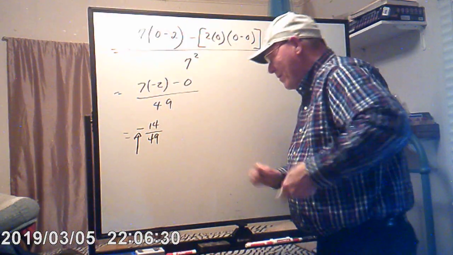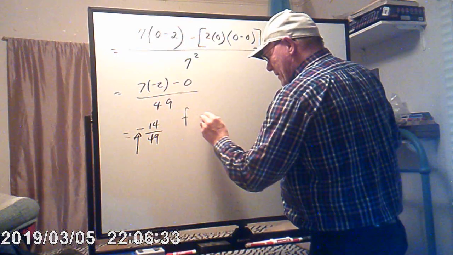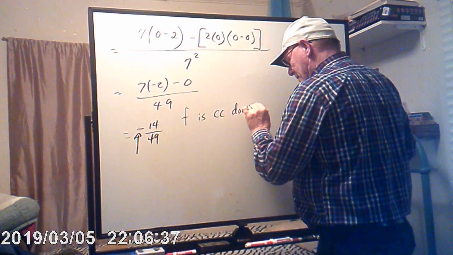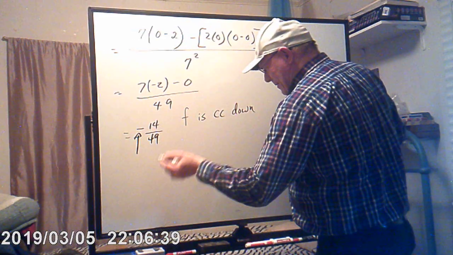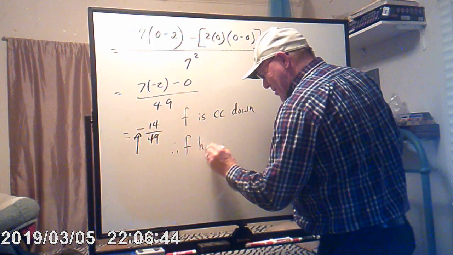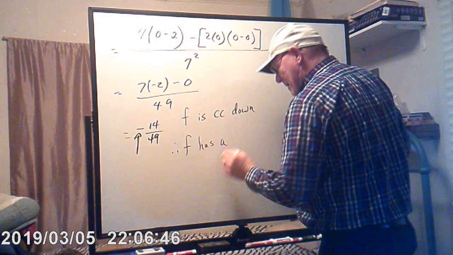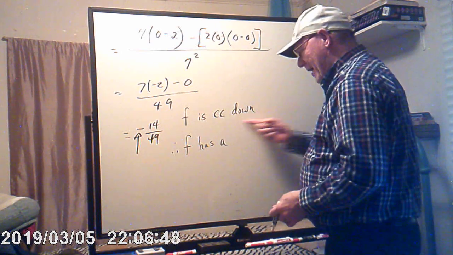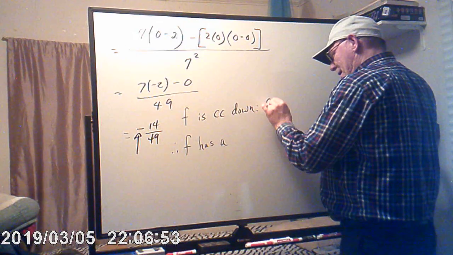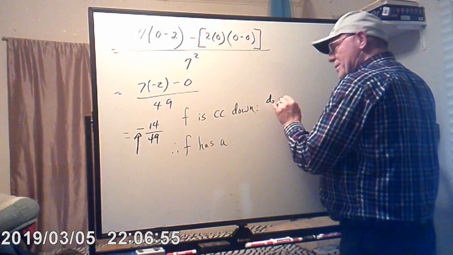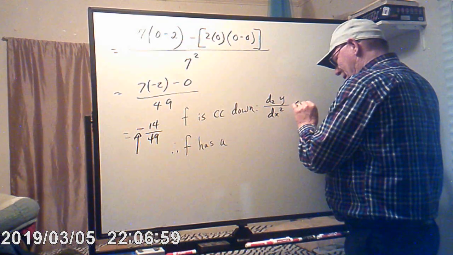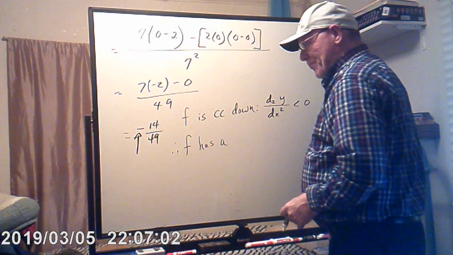Now we know that f is concave down, which implies that if it's concave down, d squared y over dx squared is less than 0.